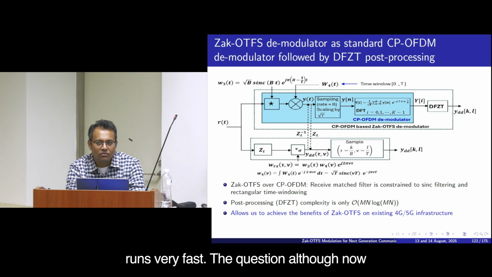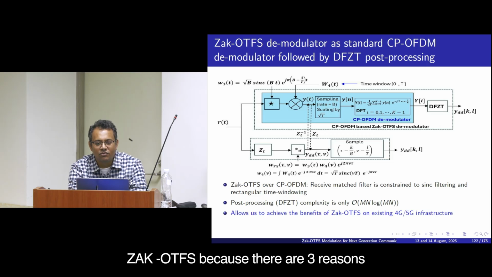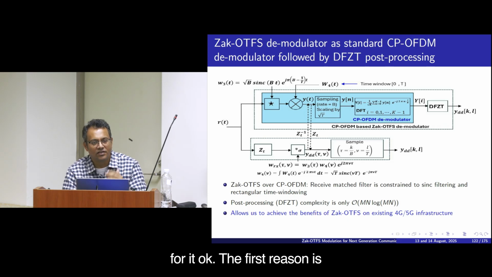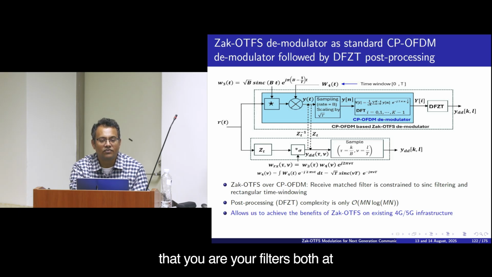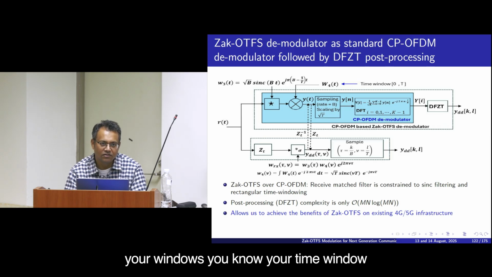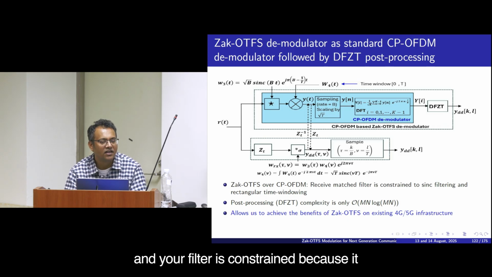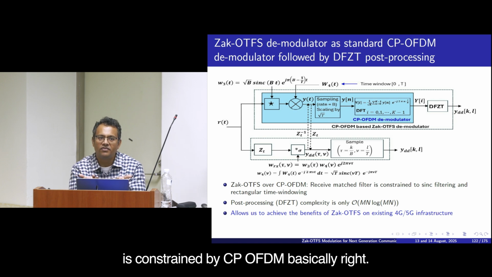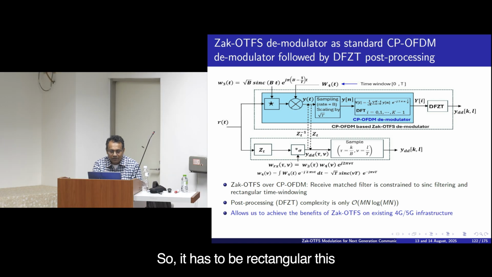The question although now is that this is not the complete Zak-OTFS, because there are three reasons for it. The first reason is that your filters, both at the transmitter and the receiver, your time window and your filter, are constrained by CP-OFDM. So it has to be rectangular, this has to be sinc.